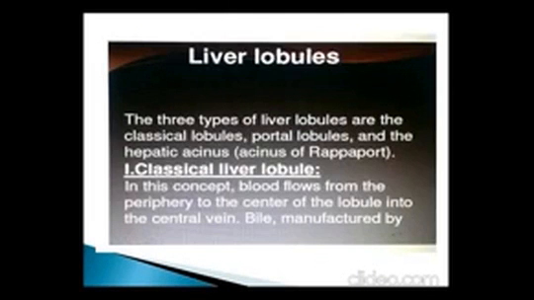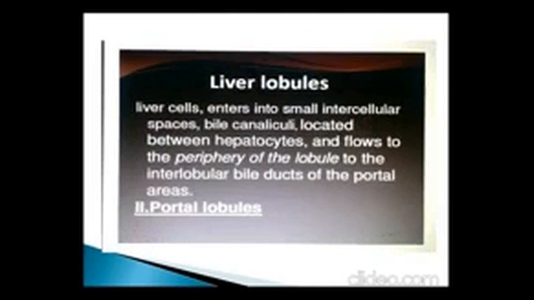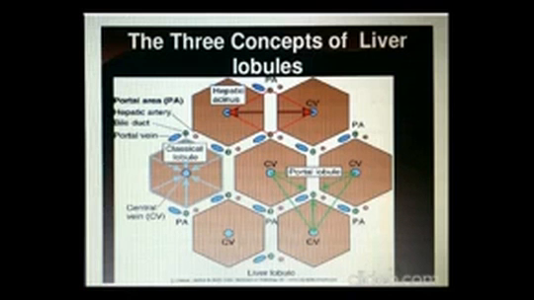We'll move ahead just to brush you up. This is the diagrammatic representation of the hepatic lobules between the central veins: the classical lobule being at the center of the particular lobule, and then the portal lobule connecting the three central veins of three hexagonal lobules.